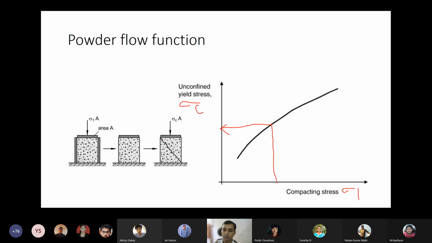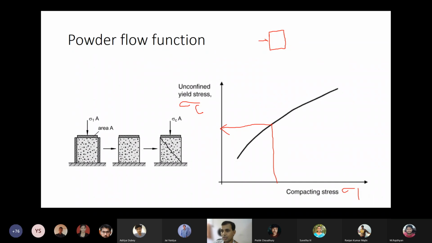Fracture means the flowability of the particles has started, right? Let me give an example. Let's say there is a cohesive solid. Cohesive means all particles are interacting and sticking to each other.